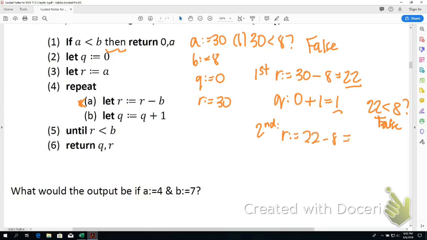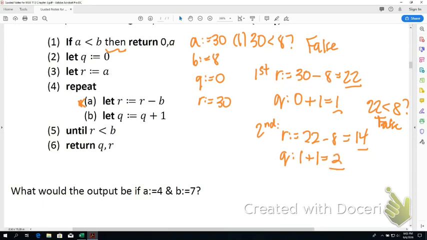And this gives me, let me think. So let's get our calculator if we don't remember. So 22 minus 8 will yield me a 14. Okay. And now let's do what Q would be. Q is 1, the current value, plus 1, which would be a 2.